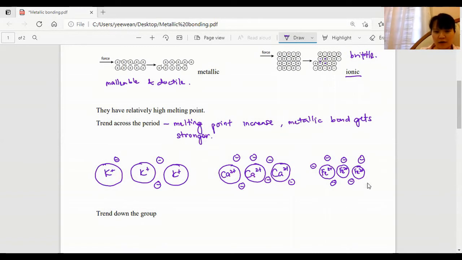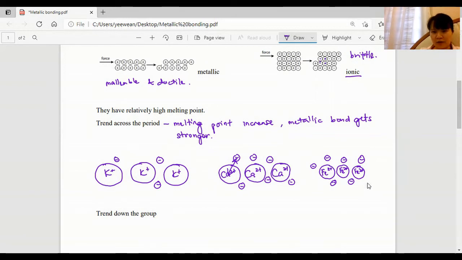Therefore, this causes the metallic bond to be stronger in calcium. The next reason is because calcium is also smaller. Calcium 2+ is smaller than potassium +. Because it's smaller, the attraction is stronger between the positively charged nucleus and the delocalized electrons.